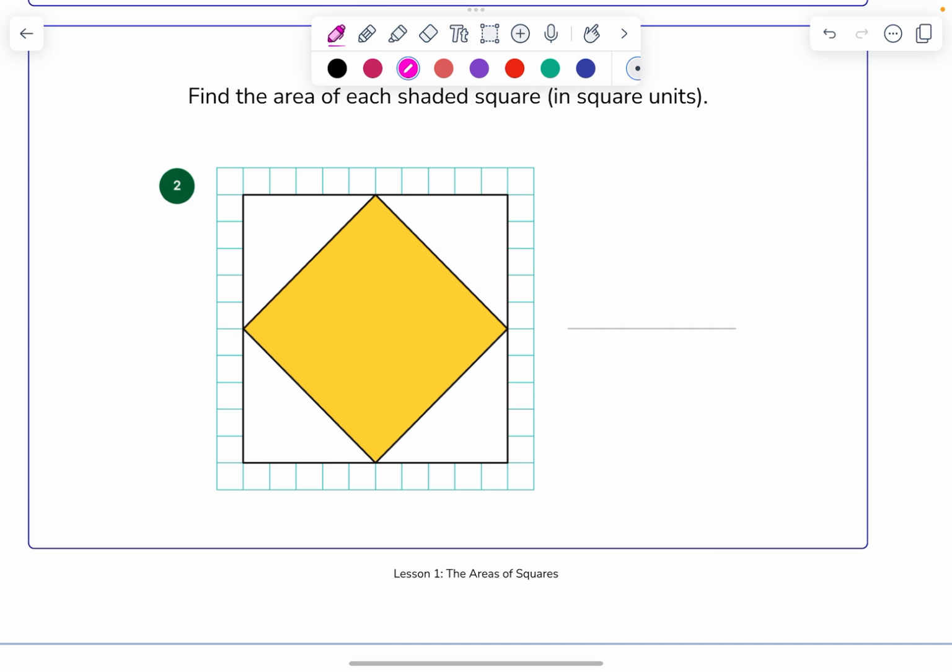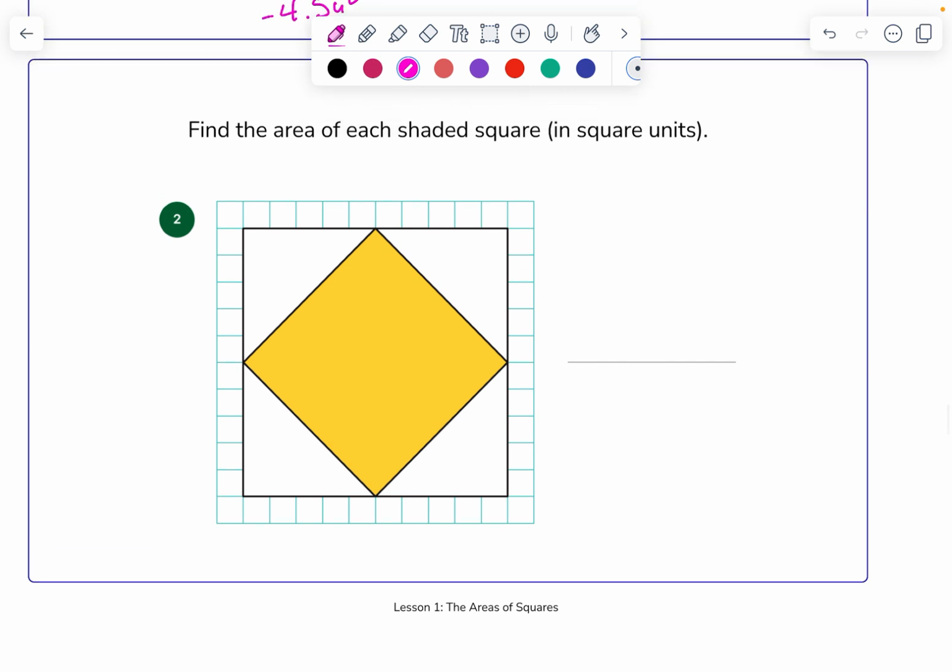Find the area of each of these shaded squares. So we have a white shaded square and we have a yellow. Again, we can see 1, 2, 3, 4, 5. You should be counting.